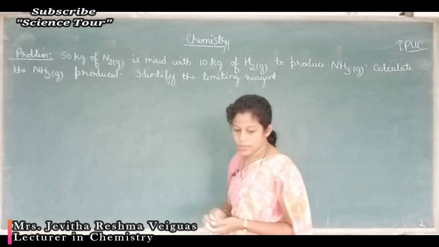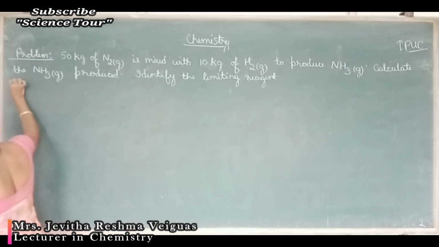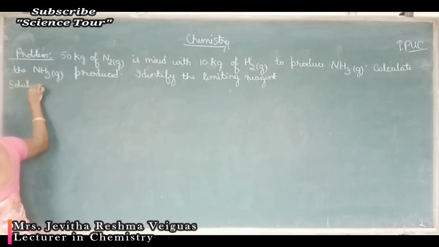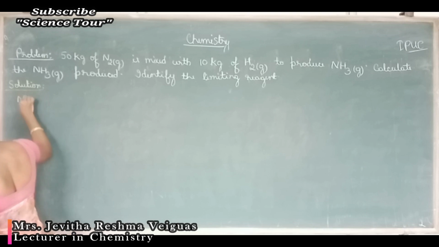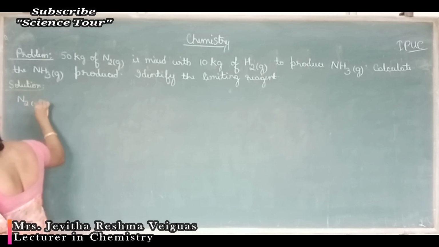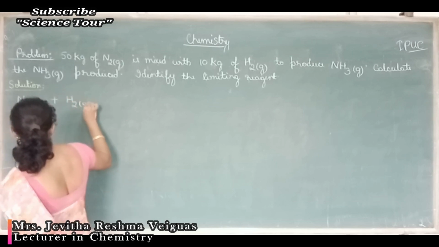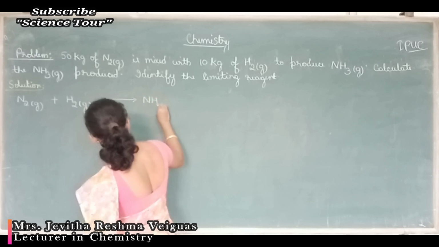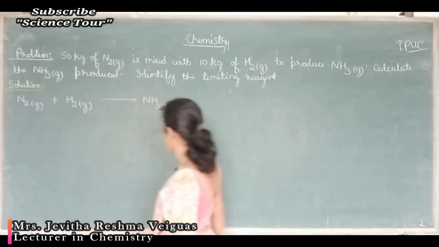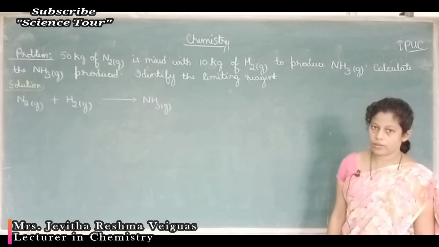First write a balanced chemical equation. According to the equation, nitrogen gas reacts with hydrogen gas, produces ammonia gas. This is the information given in the problem. N2 plus H2 gives NH3 gas.